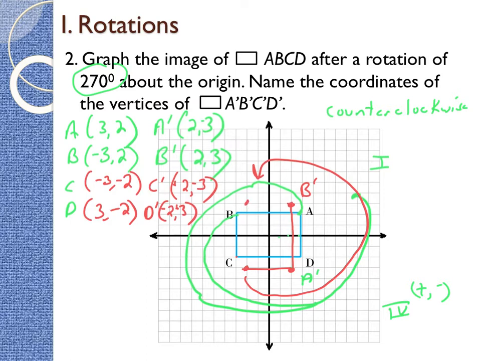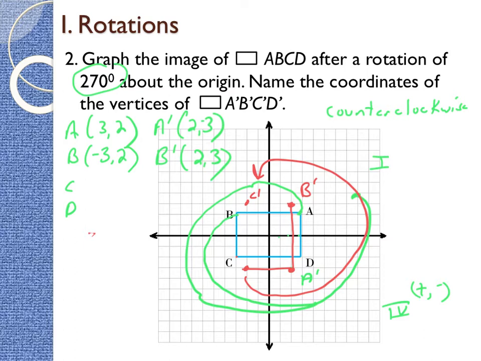Okay, there it is. So there's your C prime. And then D was 3, negative 2. Oh wait, I put them in the wrong location. That's what's wrong. Okay, let me go back and redo that when I change colors.